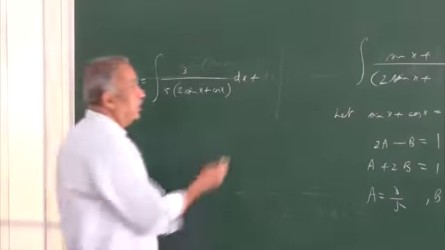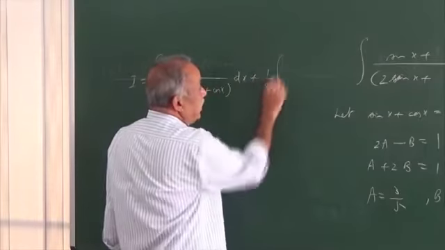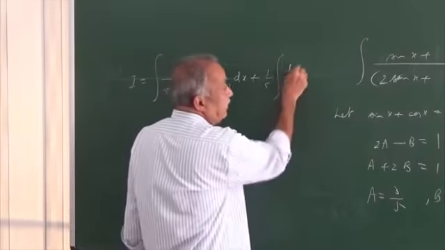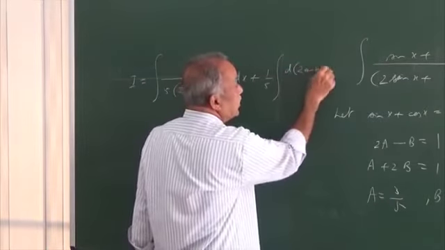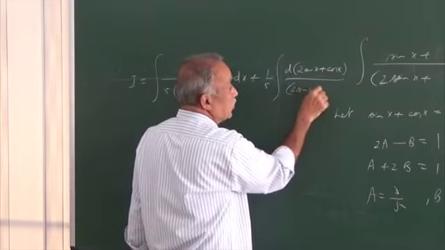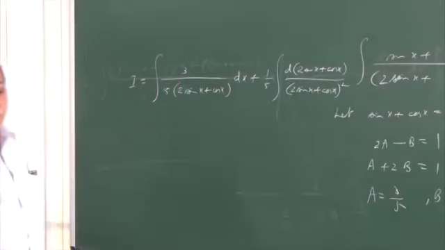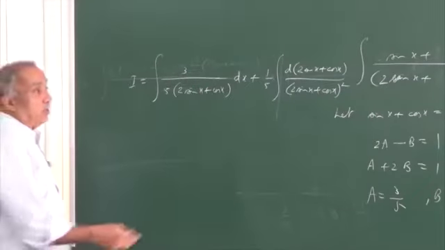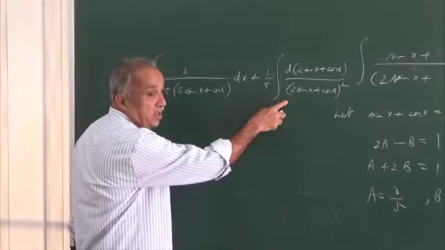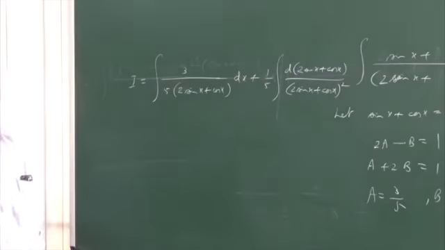The second portion, b is 1 by 5 into the integral of the derivative of 2 sin x plus cos x divided by 2 sin x plus cos x whole square. Now, integration of this part is straightforward. It is simply dt by t square, t power minus 2 dt. Integral is t power minus 1 by minus 1.